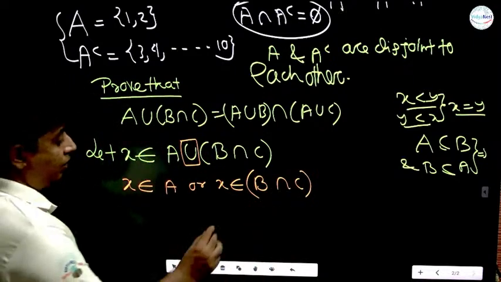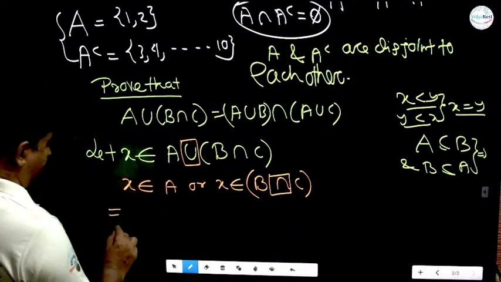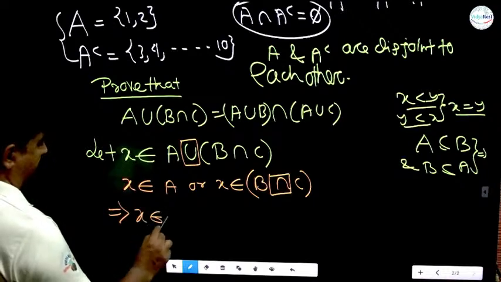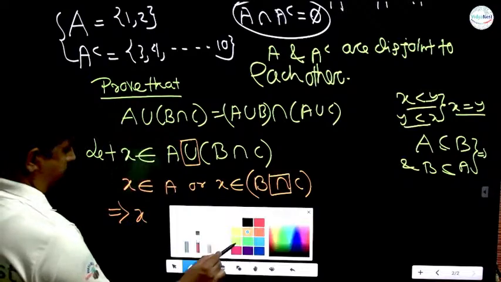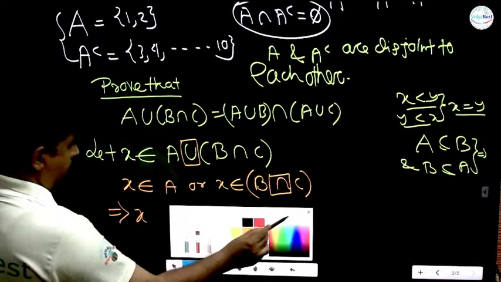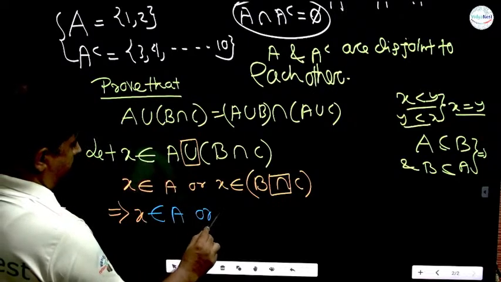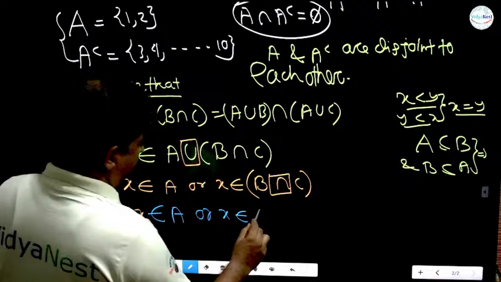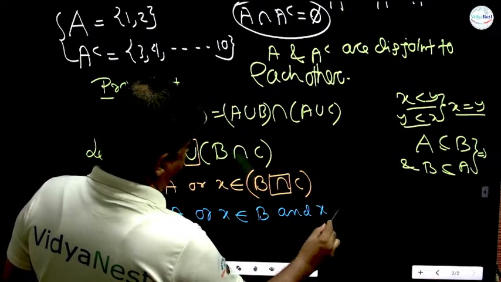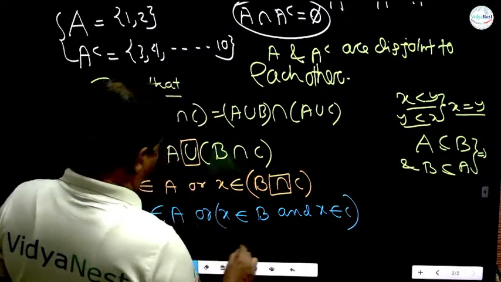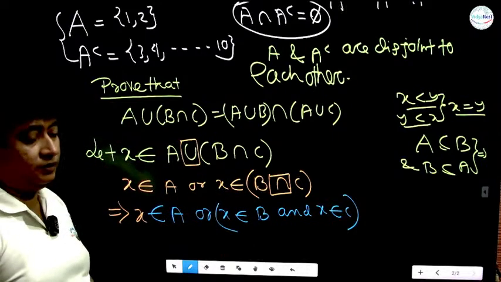Now, we have already come to know intersection means AND. Okay, instead of intersection I have written AND.